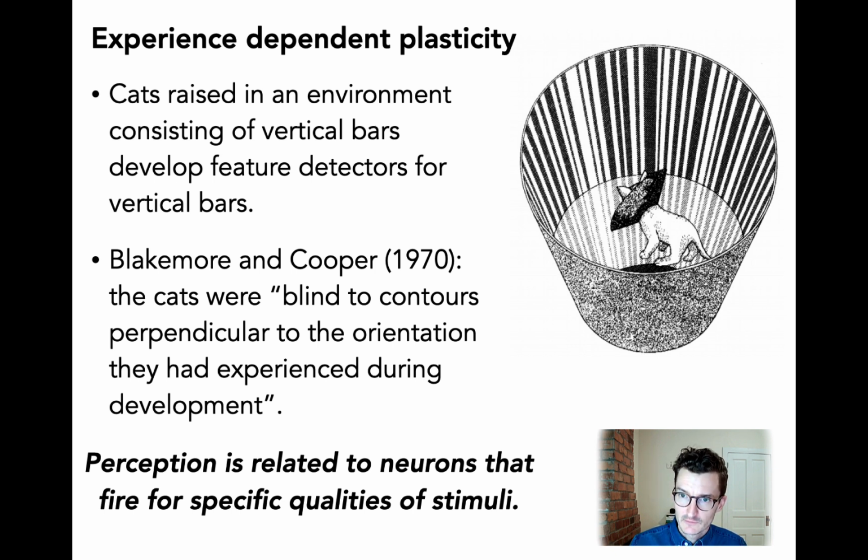And somehow, we're not sure how this happens, somehow we go from the firing of these feature detection cells to this complex visual experience that we have every single day. It's a really remarkable process, and we're not 100% sure how we get from the firing of feature detection cells to complex visual perception.